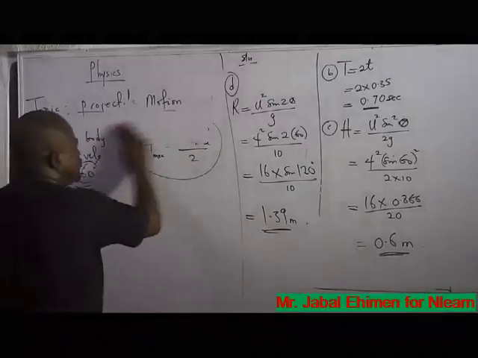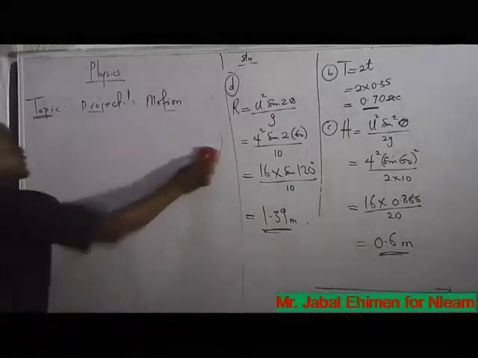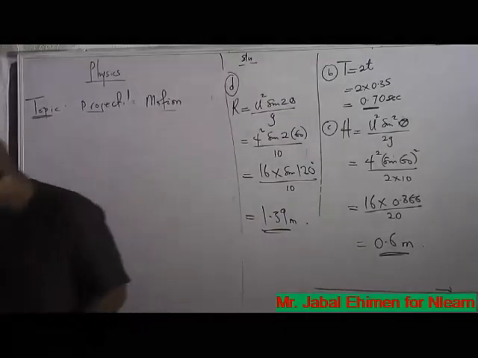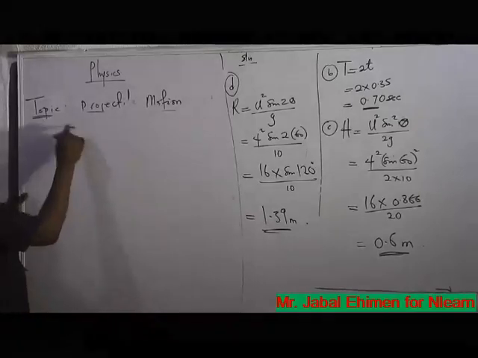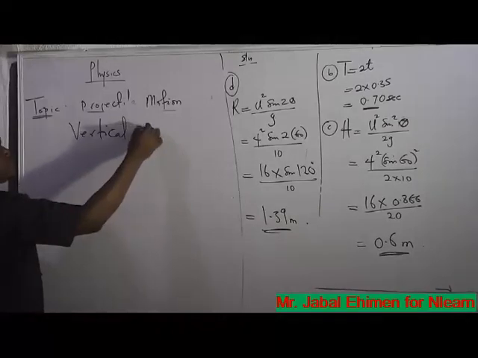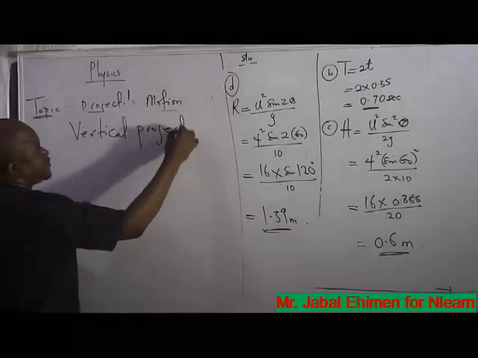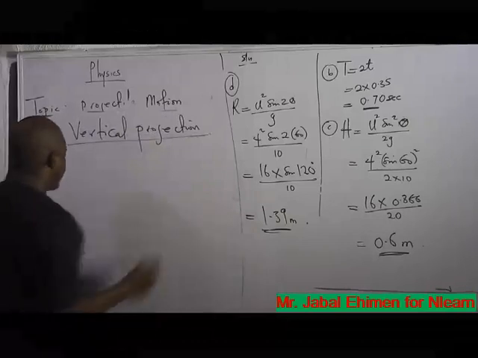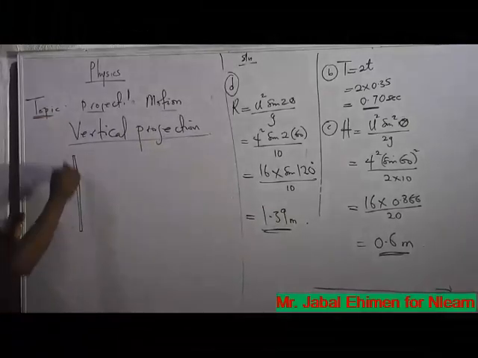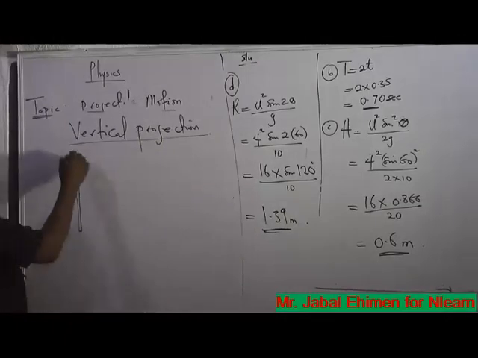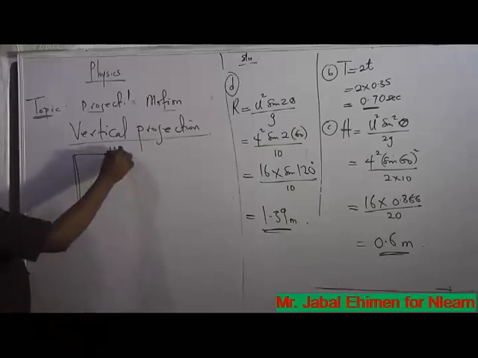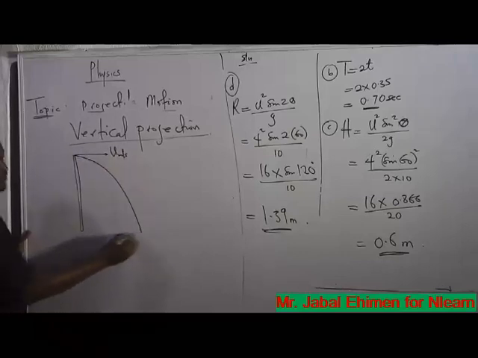Now, we're going to consider the next aspect of projectile, which is the vertical projectile. If, for example, I'm at a certain height and I decide to shoot a tennis ball or throw a stone from here, it will go with an initial velocity u meter per second and hit the ground.